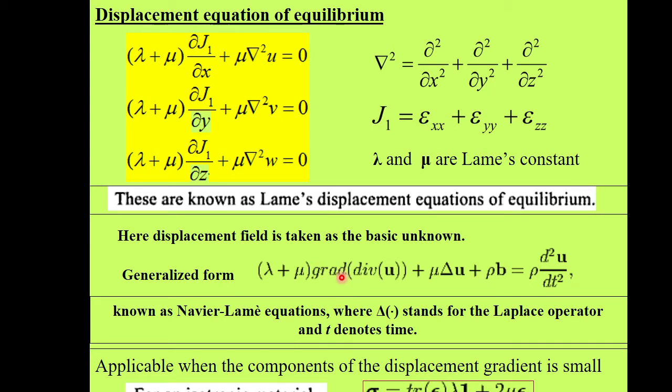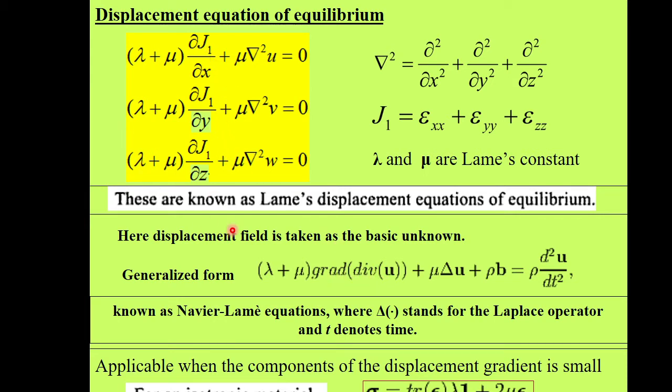And grad means this operator is the grad operator, and this is the del square operator. Only the first derivative is grad. Yes, sir. So this is grad, del x, del y, and this is divergence of u, is it not? First invariant. Yes, sir.